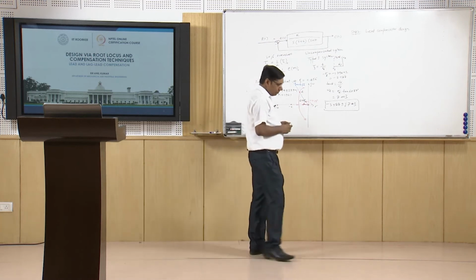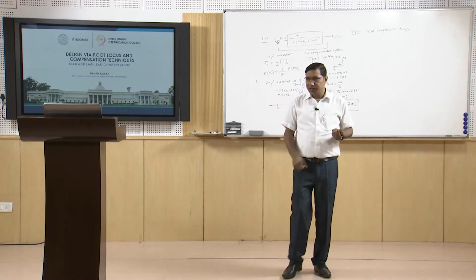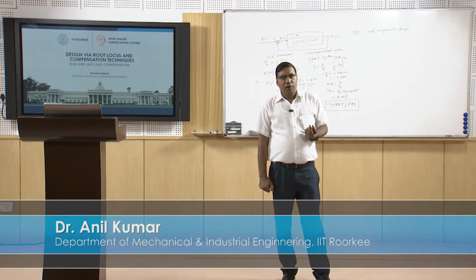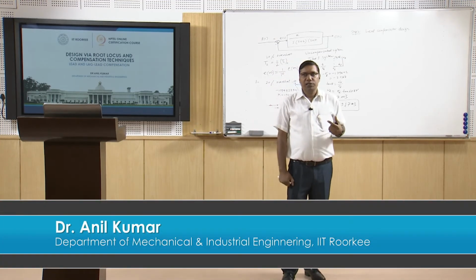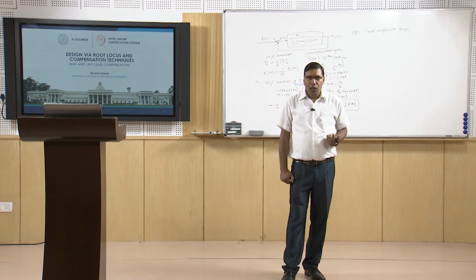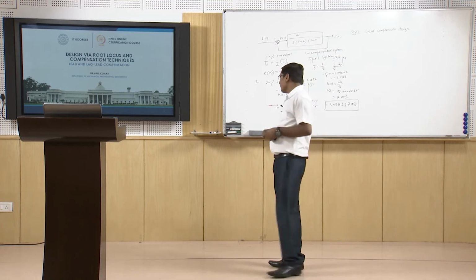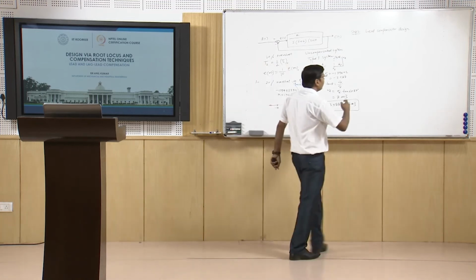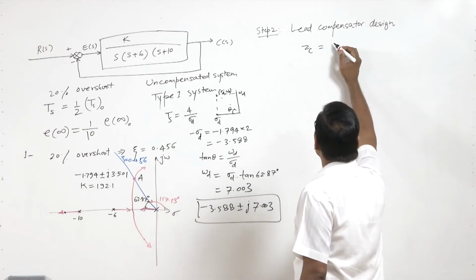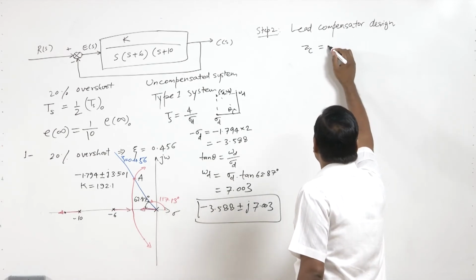So now, for the lead compensator design, we have to design a 0 and a pole. So a 0 we select arbitrarily. So we select ZC equal to minus 6.